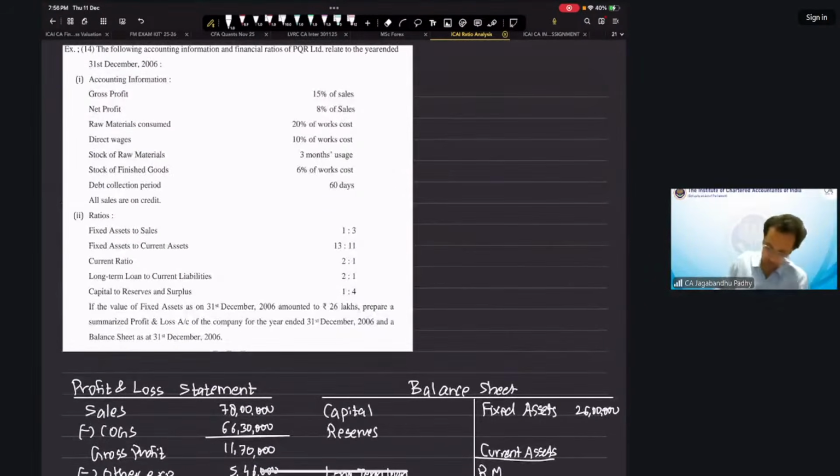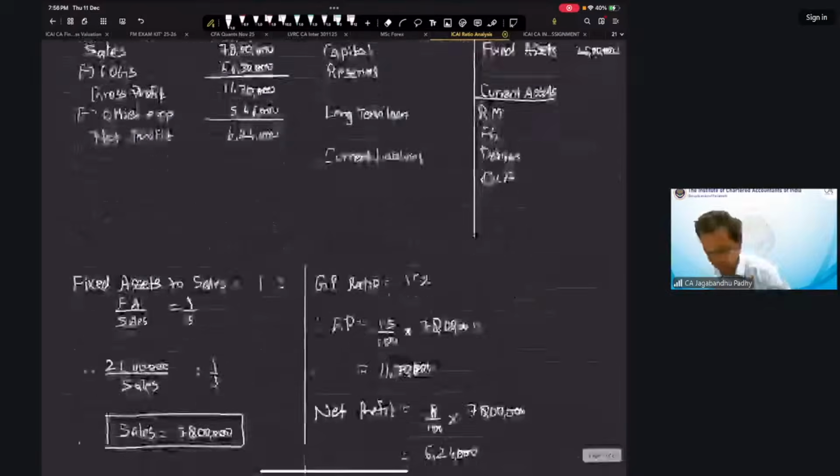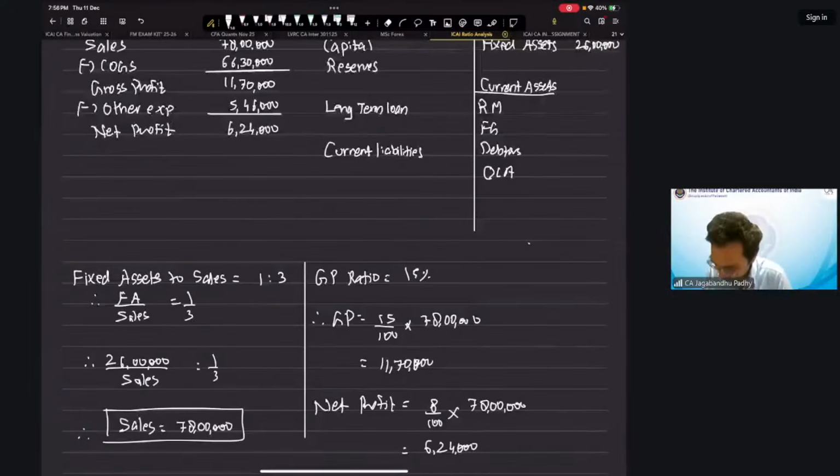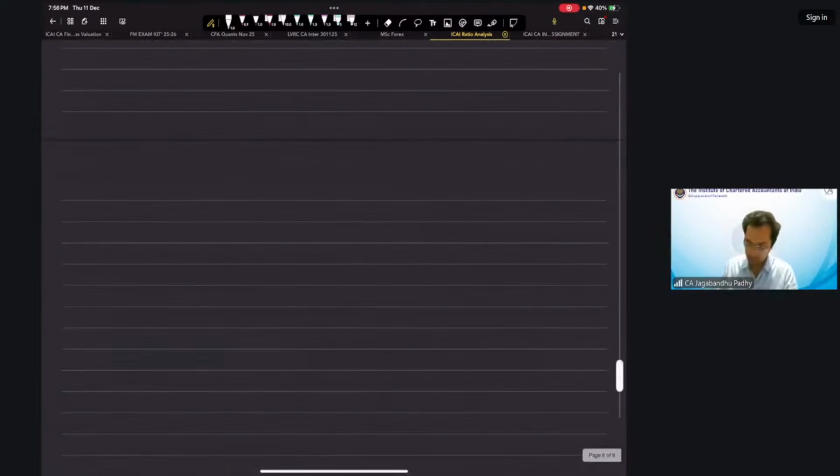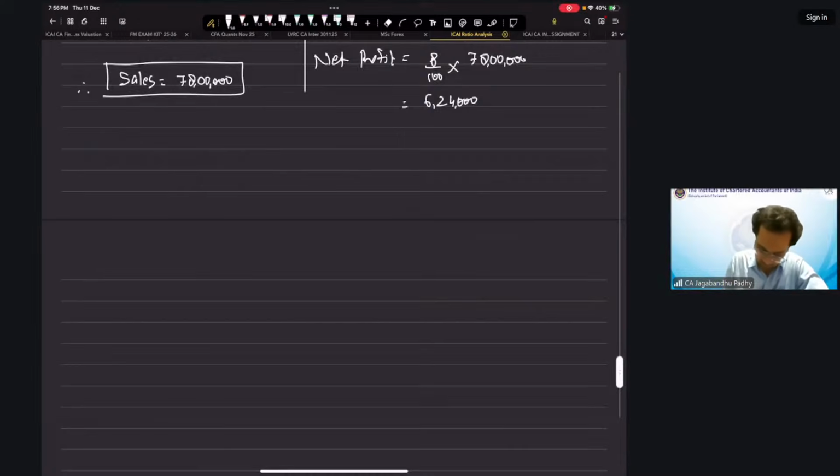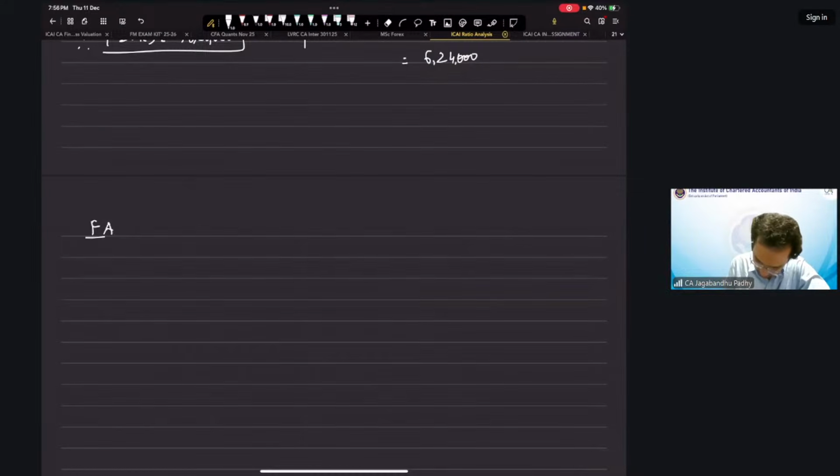Now, fixed asset to sales was used. Fixed asset to current assets is 13:11. So it's quite obvious we can get the value of the current assets.